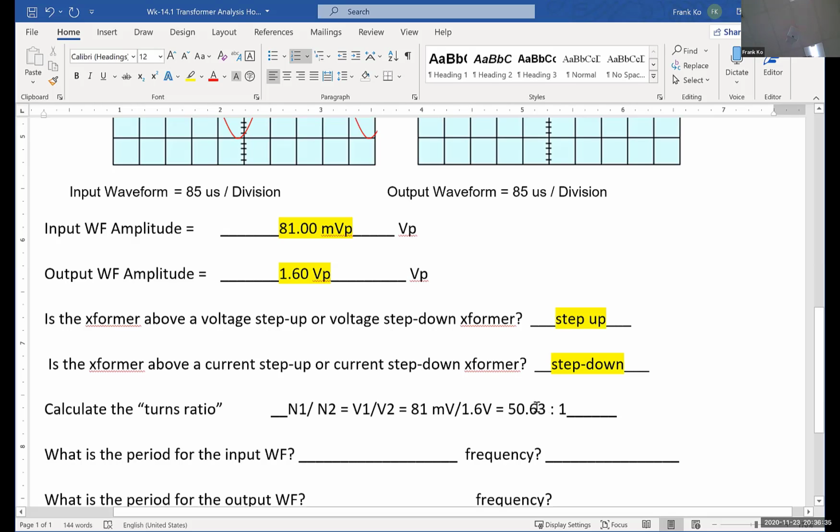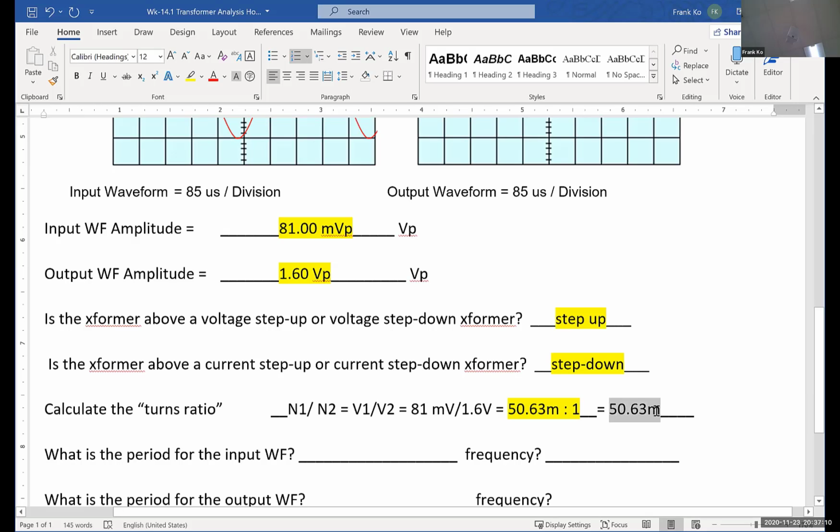There's a milli in here, sorry. Yeah. So 50.63 milli to 1, which is the same as saying, I can do this over here, equals 50.63 milli. Okay, you can also just leave it this way without the colon symbol.